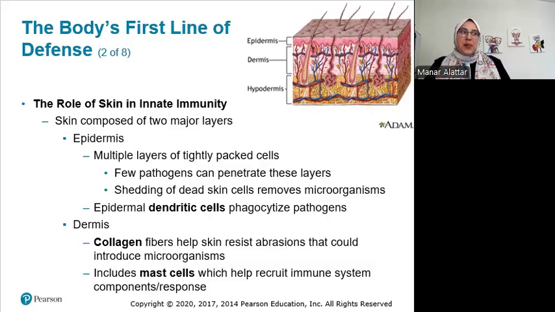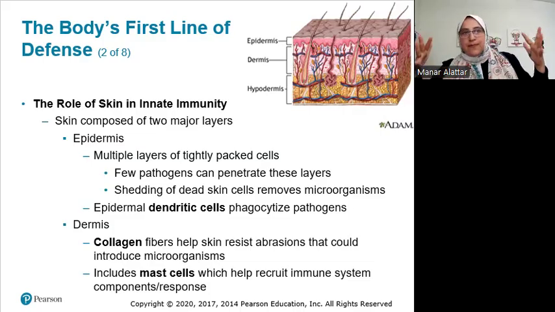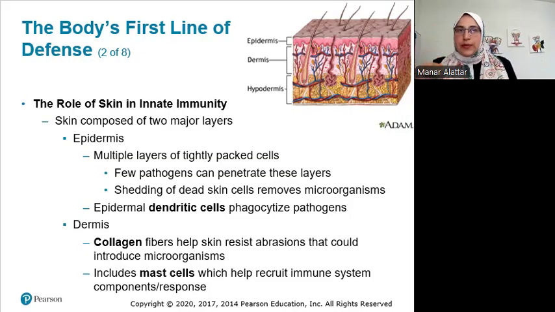Okay, welcome back. So what you saw in that video is that the skin is like this physical barrier that essentially has a number of different functional layers that allow it to provide kind of a barrier against the environment. The very top layer is called the epidermis.